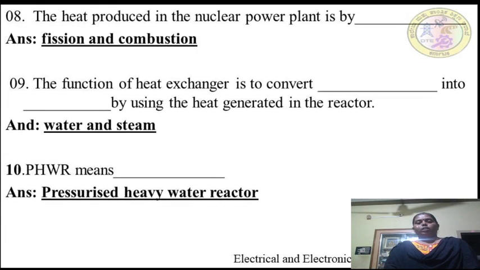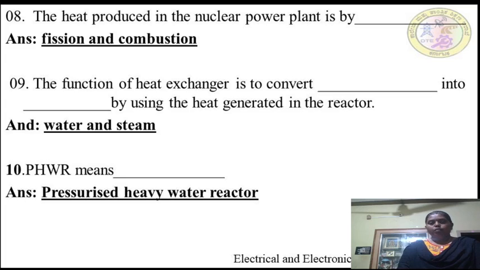Next, eighth one. The heat produced in the nuclear power plant is by dash. That is, heat produced in the nuclear power plant is due to fission and combustion. Next, ninth one.